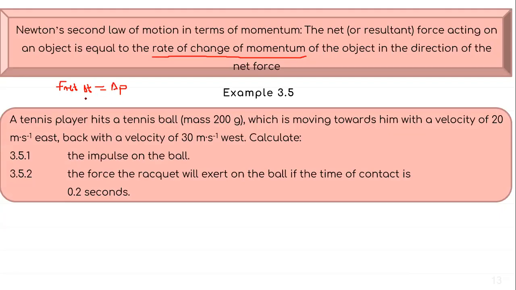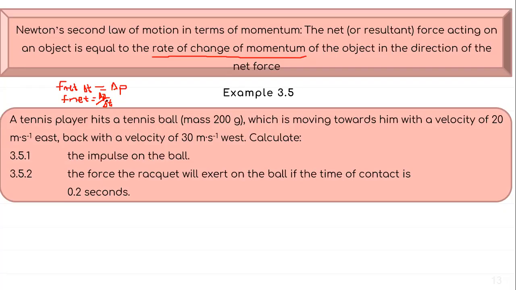If you make F net the subject of the formula, then you will see that F net is going to be equal to delta P divided by delta T. In other words, the net force acting on an object is equal to the rate of change of momentum.